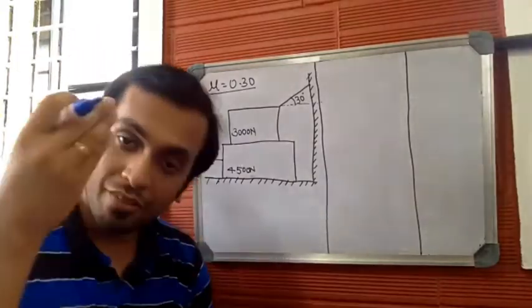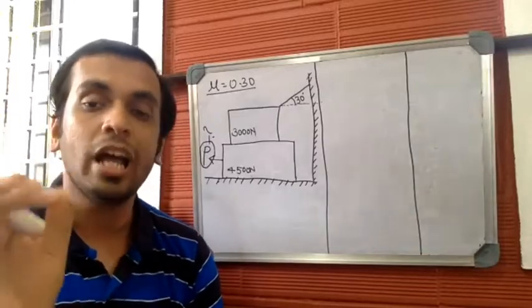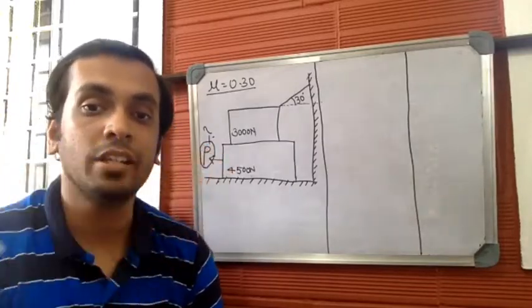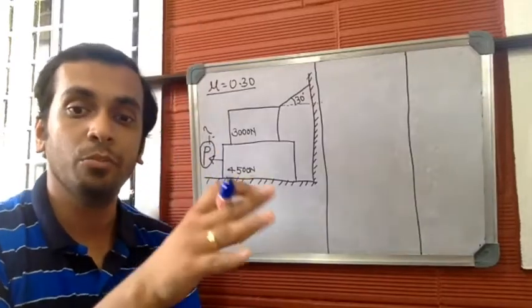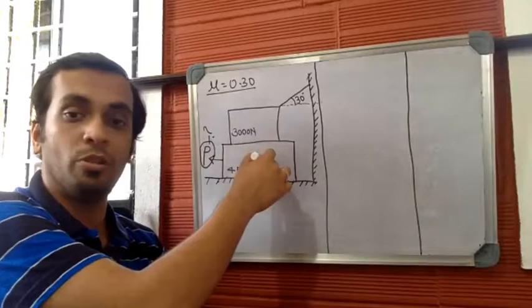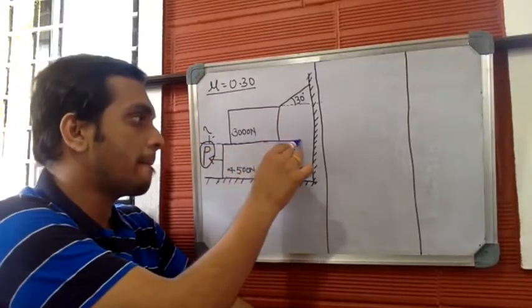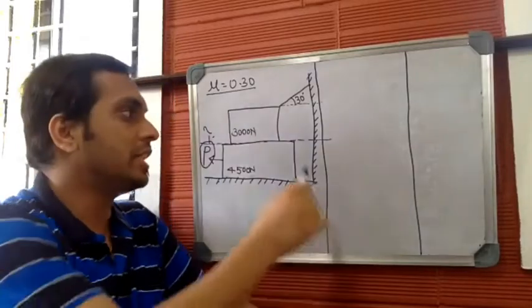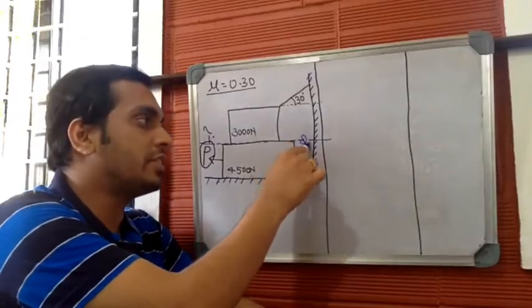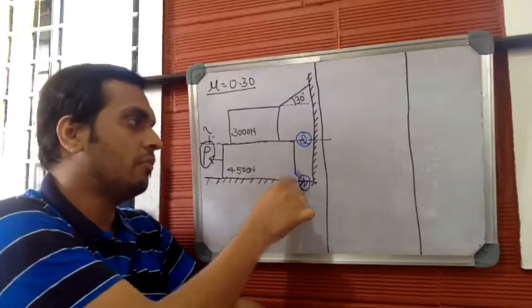Whenever two bodies are in contact with each other in any of the problems, you have to draw an imaginary surface between both the bodies. So this is the upper body and this is the lower body. I'll draw an imaginary horizontal surface in this way. So I've drawn an imaginary surface between both the bodies, and let me name the imaginary surface as surface number 2, and let this horizontal surface be surface number 1.